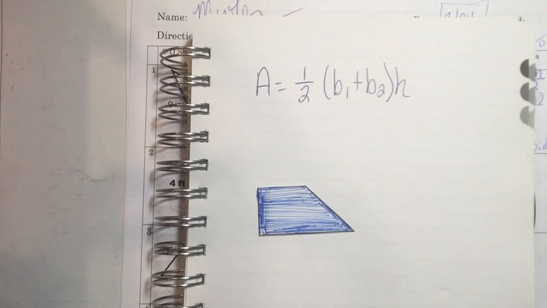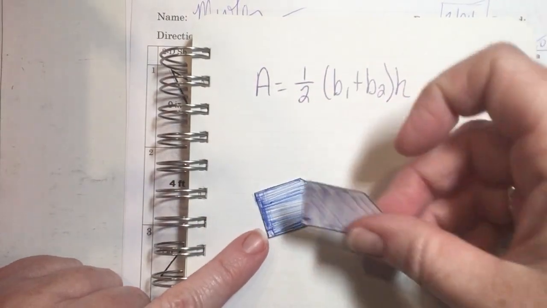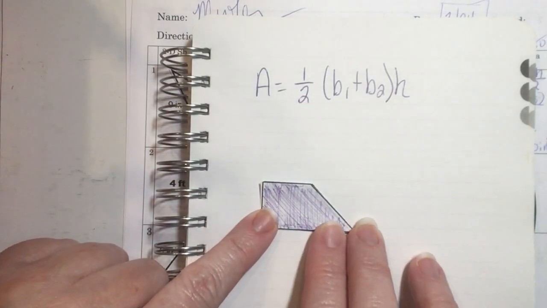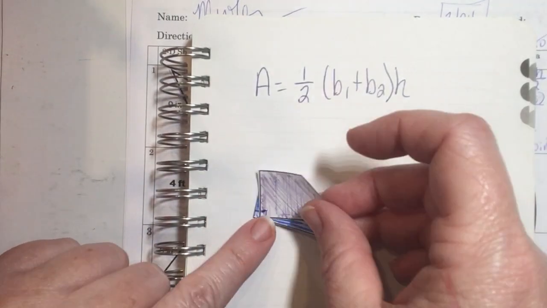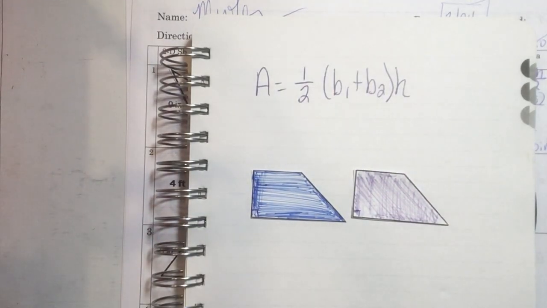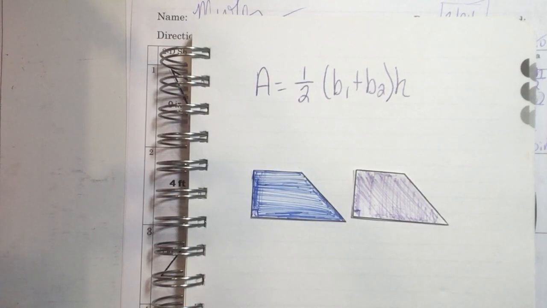So I wanted to use two congruent trapezoids to show you. So they're congruent. They're exactly the same. You see that? Two congruent shapes, exactly the same. So I wanted to show you where we get that base 1, base 2 from. Okay, so you see we have the two congruent trapezoids.